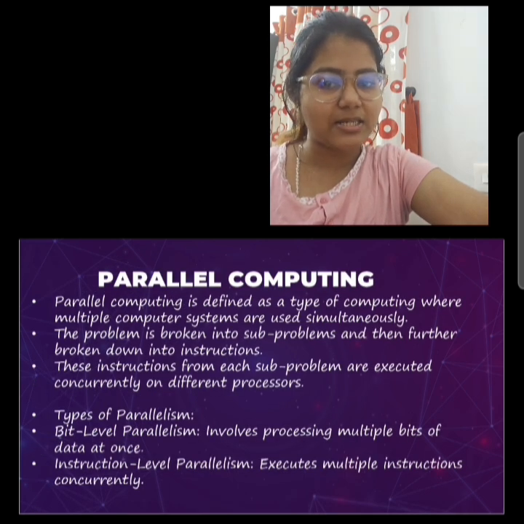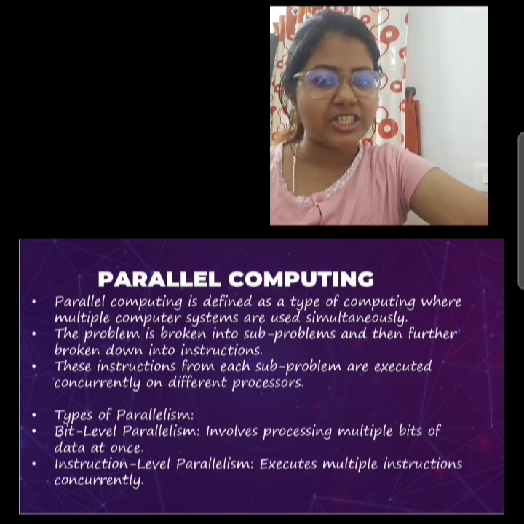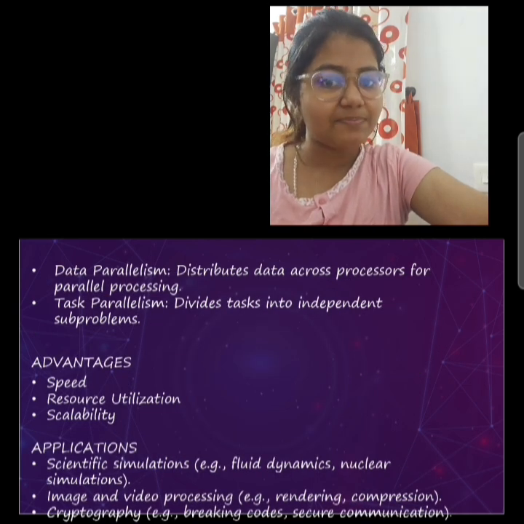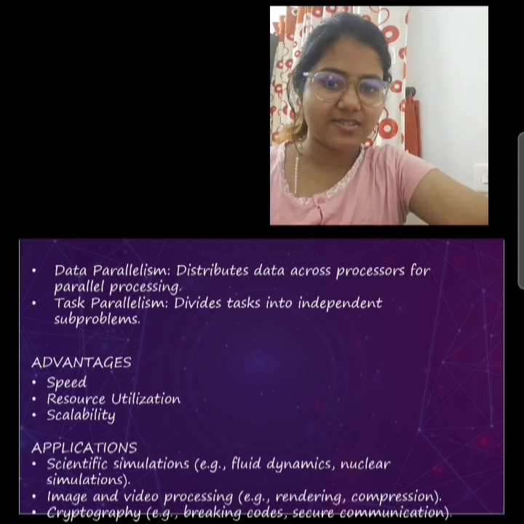Bit level parallelism involves processing multiple bits of data at once. Instruction level parallelism executes multiple instructions concurrently. Data parallelism distributes data across processors for parallel processing. Task parallelism divides tasks into independent subproblems. The advantages are speed, resource utilization, scalability.